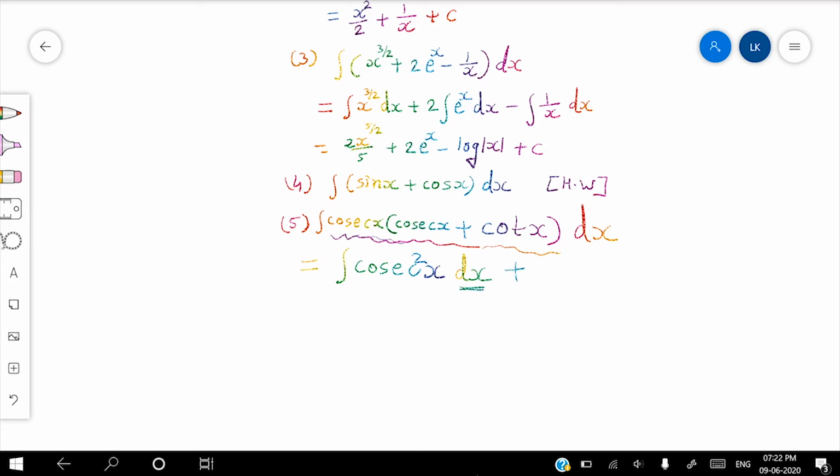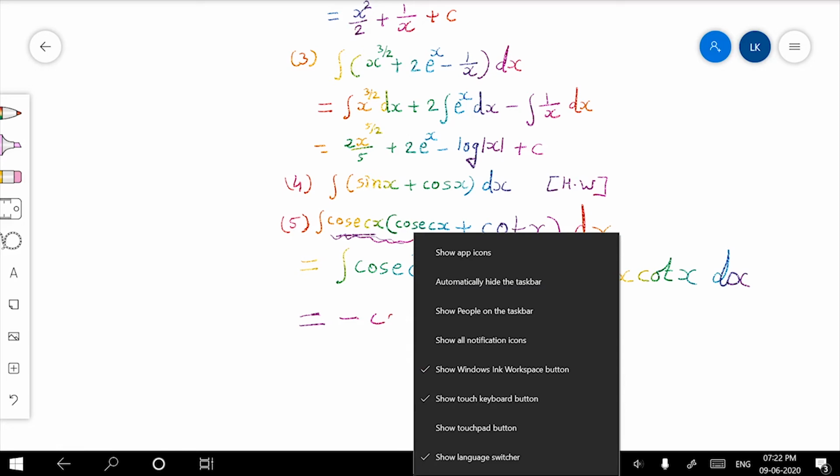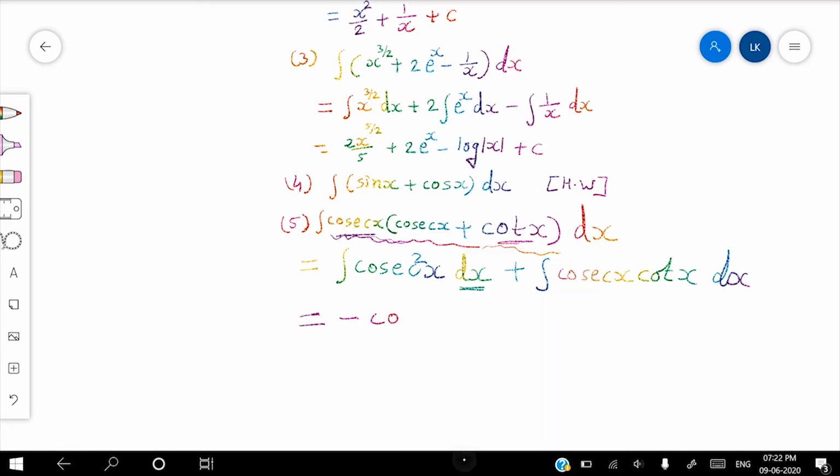Therefore, here integral, here dx. It is a must. Plus integral of cosec x into cot x into dx. Apply the formula. What is the integration of cosec square x? Yes, tell me. Correct. Minus cot x. And what is the integration of the next function?